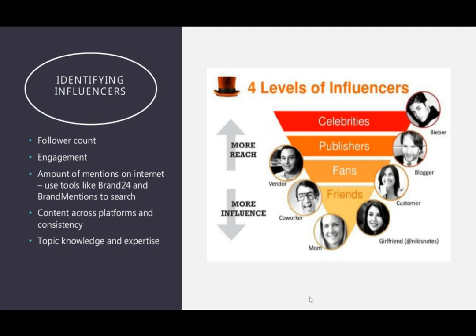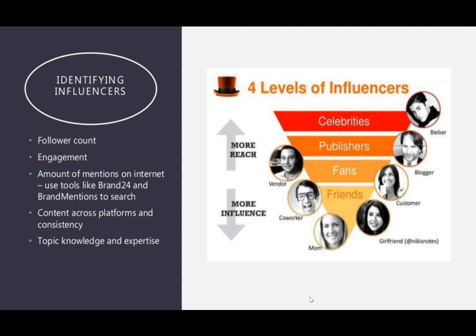So I think it's important to understand how to identify your influencers. Obviously, you look at things like your follower count, but the most important is engagement. To see if a true influencer is truly influential, it's about engagement. Is there conversation happening? Or do they just have their content sent out by automated bot?